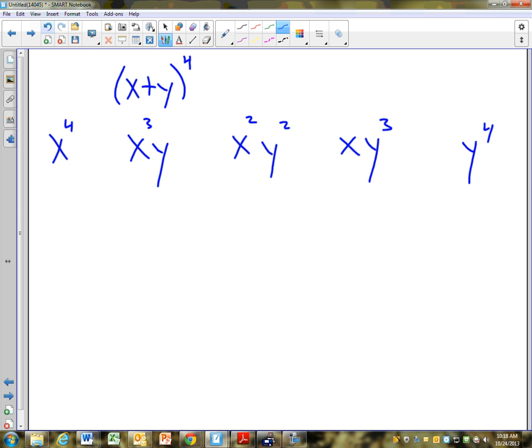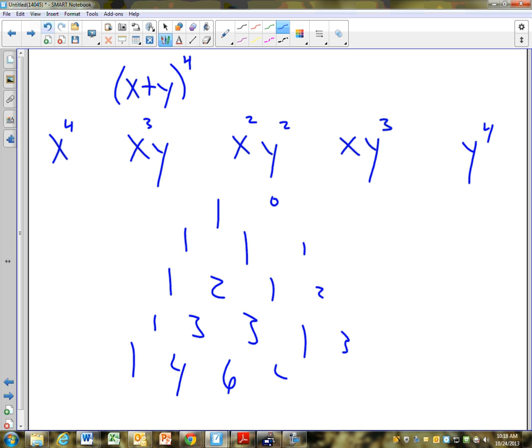And we use Pascal's triangle, 1, 1, 1, 1, 2, 1, 1, 3, 3, 1. Let's see, that's 0, that's 1, that's 2, that's 3. So 4th is 1, 4, 6, 4. All right, yeah, okay. So that's the 4th. There we go.